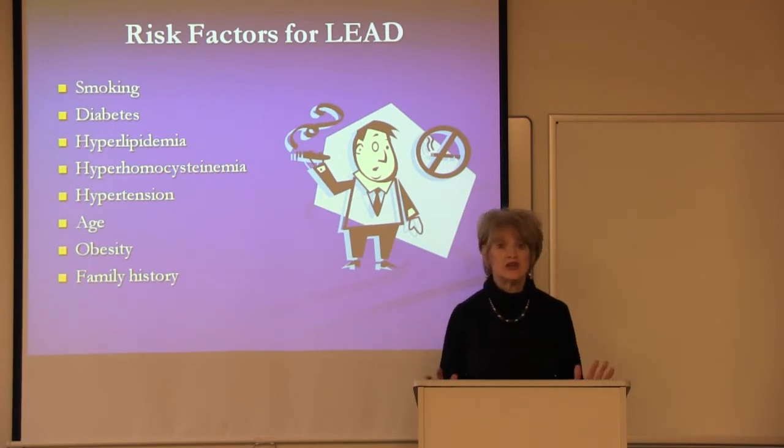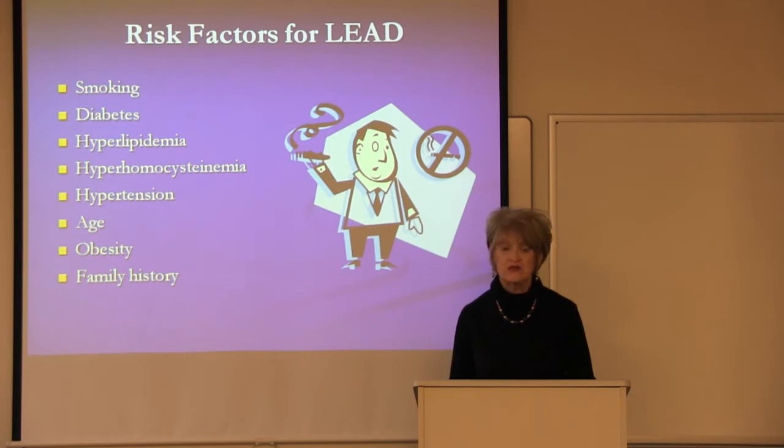Diabetes, another huge risk factor. For those of you who work in outpatient wound centers, I'm betting that most of your patients with lower extremity arterial disease are both smokers and diabetic. Several things. Diabetes is associated with increased blood viscosity, increased risk of clot formation.